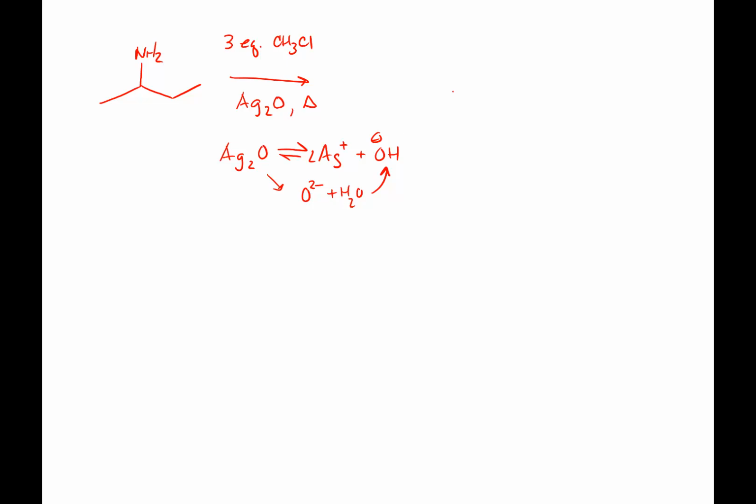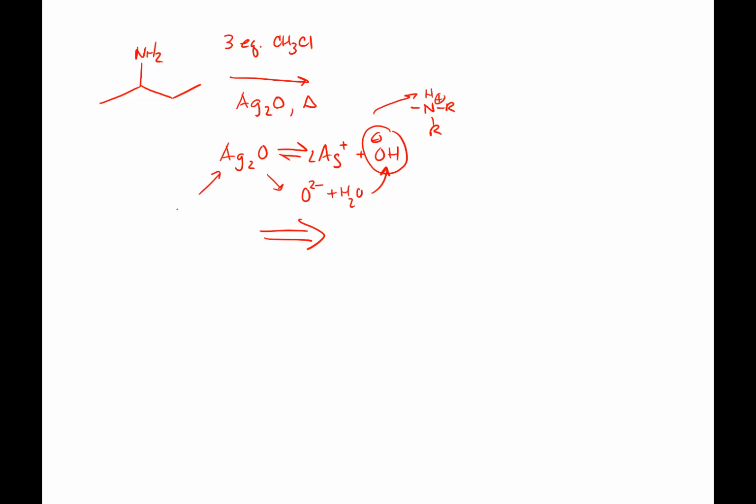So if you use silver oxide, the small amount of hydroxide that is present is going to deprotonate whenever you form your ammonium salt. That hydroxide will go in and deprotonate and make the free amine. The free amine will then be able to react with another equivalent of CH3Cl. And as that hydroxide reacts, this equilibrium shifts so that you produce more hydroxide.